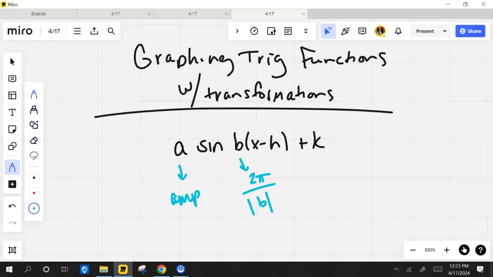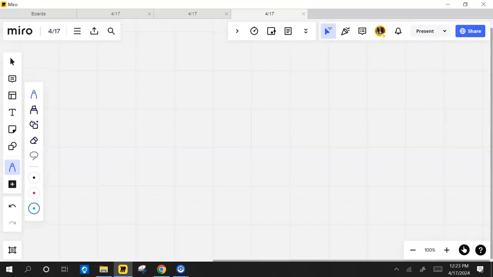All right, so let's look at how we're going to do this. Let's just start easy. It does have a stretch of 2. Now, I have to put the parent on there so I can see the difference.